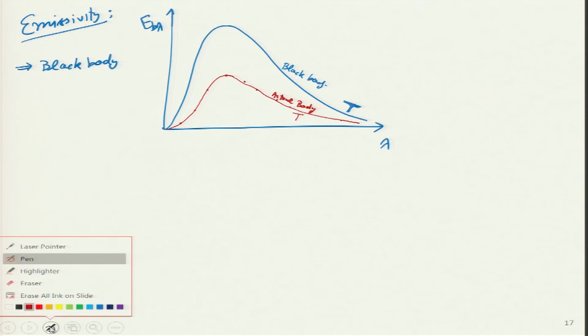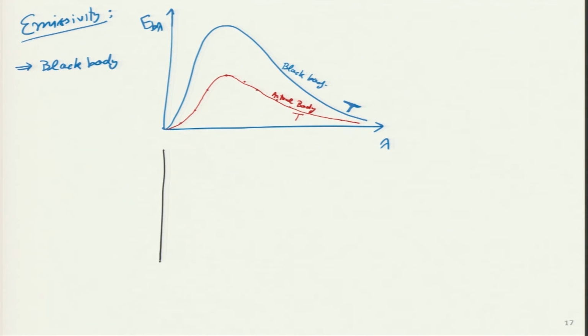Now, just below it I am going to make another plot which will also have a spectral characteristic, and I am going to put some numbers here: 1, 0.5, 0.75 and 0.25.